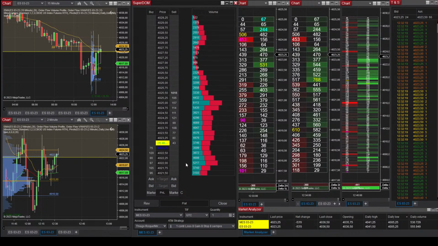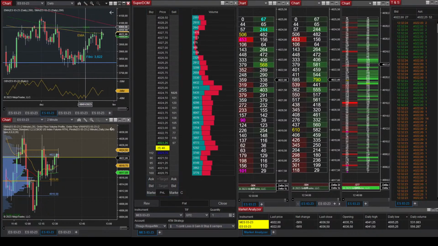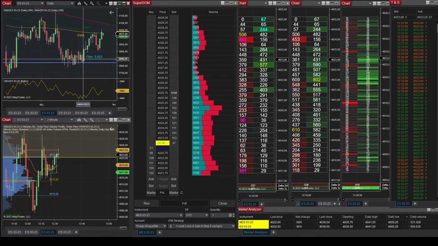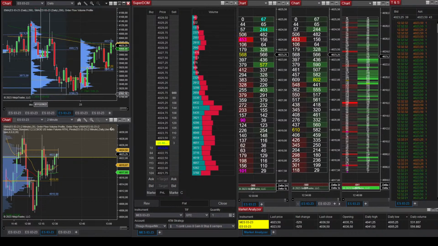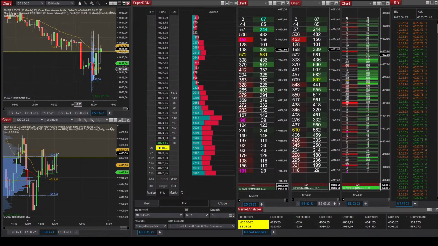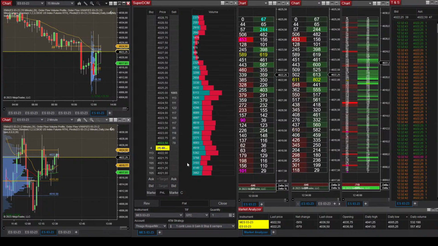So by the chart we're seeing that people are trying to move. We have this short-term uptrend configuring here, but it seems that players are not that convinced that we could actually move up.